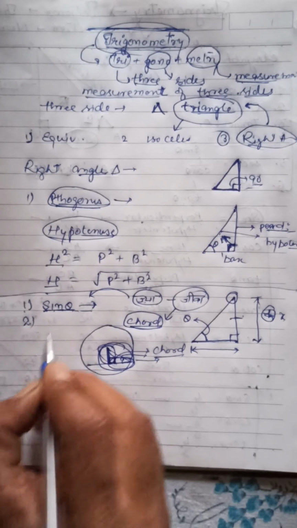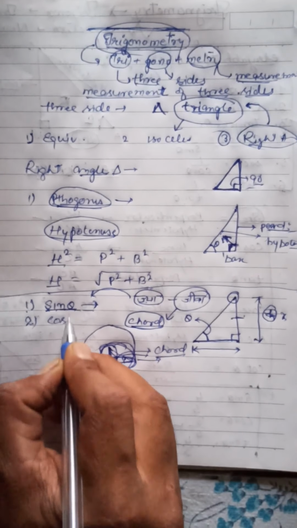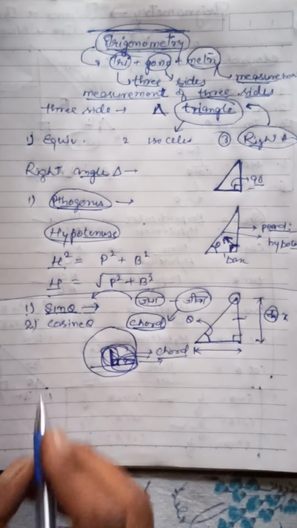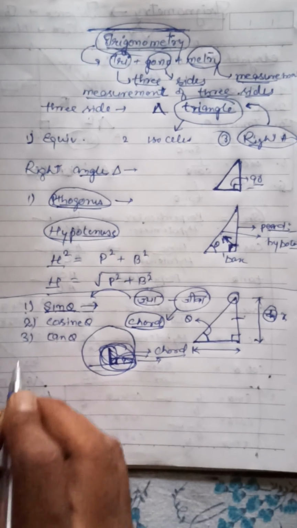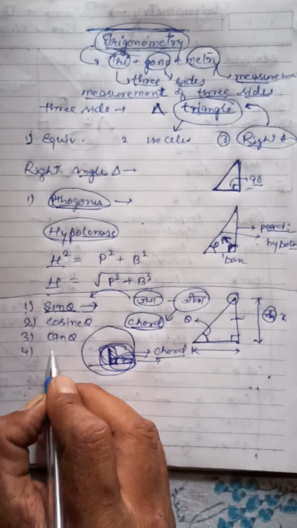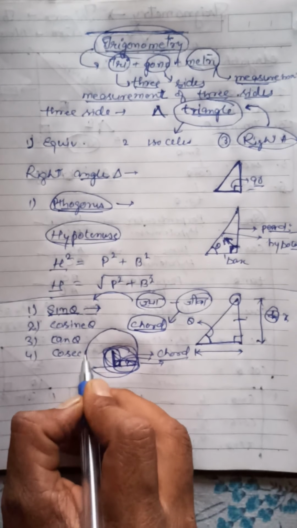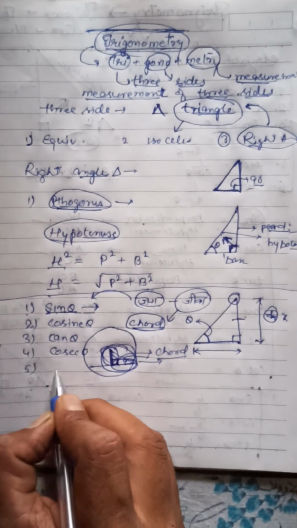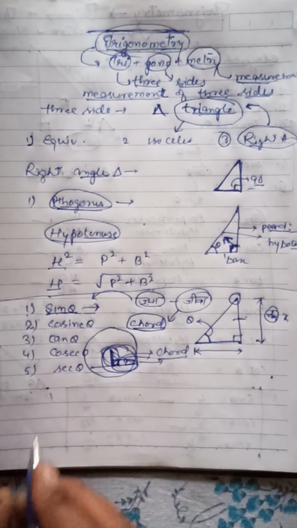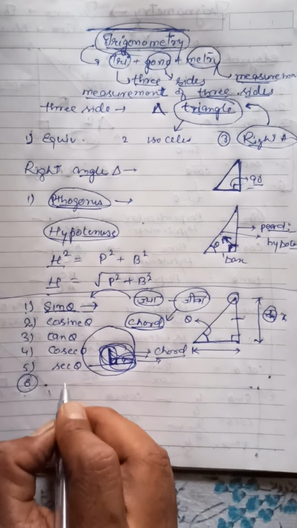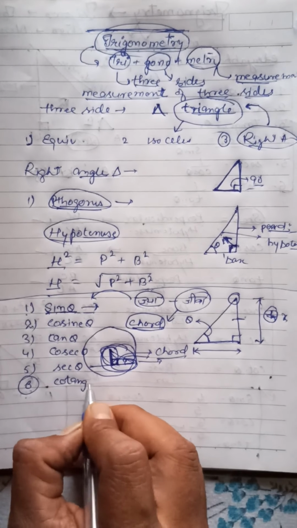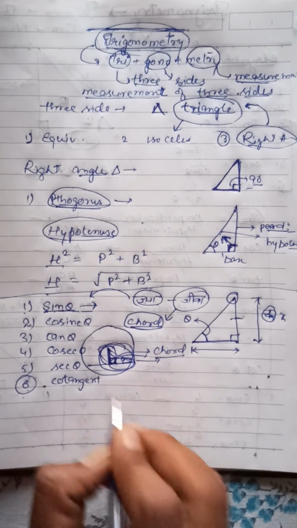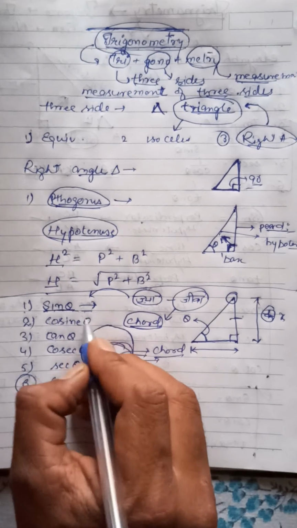First is sine, other is cosine, third is tangent, fourth is cosecant, fifth is secant theta, and sixth is cotangent theta.